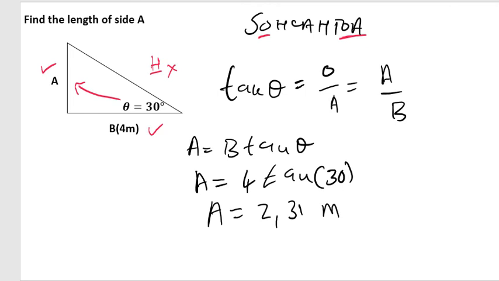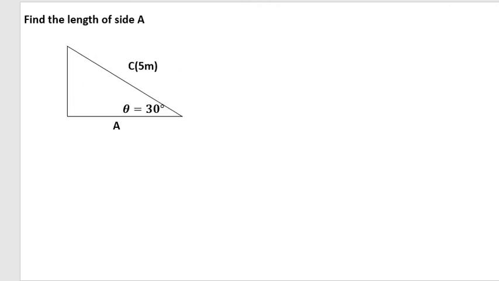Okay, the next example. We write that formula. Remember this theorem, SOH CAH TOA, always, guys, always. Then you check your angle. Your angle is opposite to this side. Then you check, is there anything on this side?